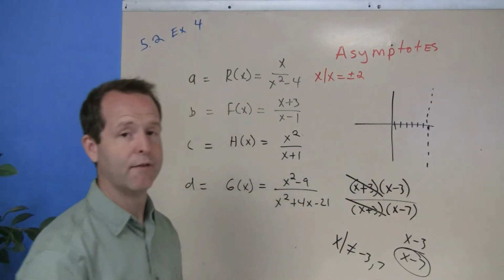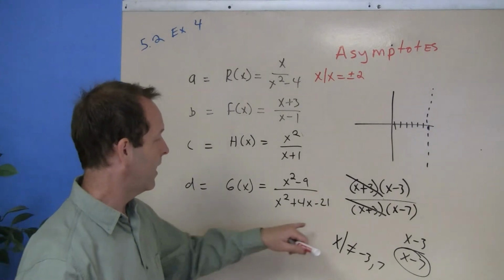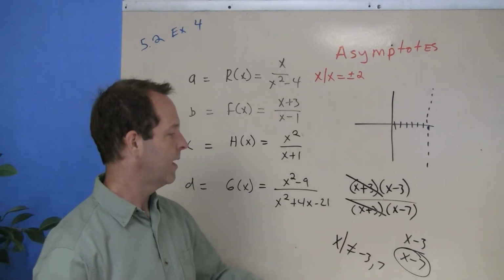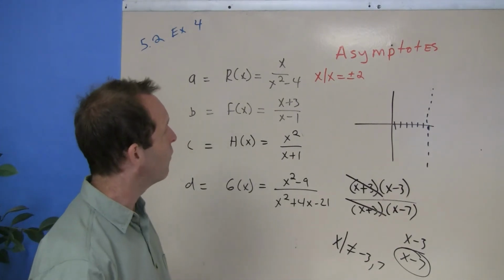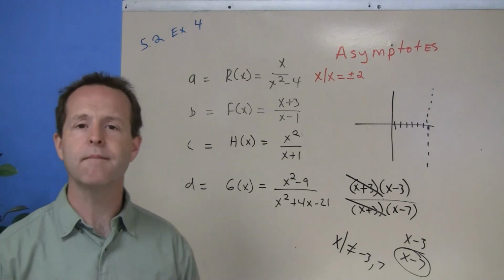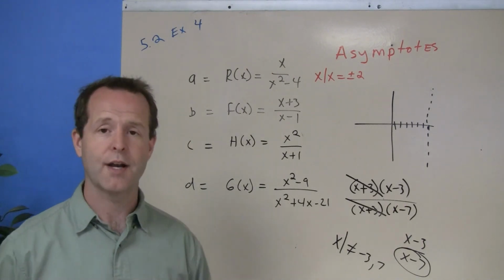Right there, I have a vertical asymptote. I also have an additional domain restriction, as discovered earlier in the problem, at x equals negative 3. So that's a little bit about vertical asymptotes, and those are going to be very important to us as we start to describe some of these rational functions.